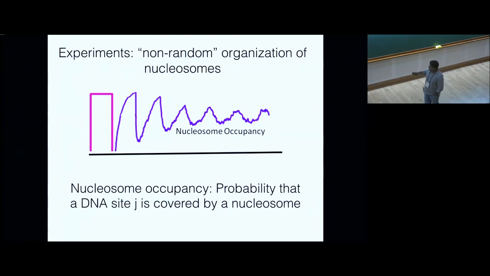There are methods to measure this, and in steady state one sees this pattern if you look at gene regions, those regions in the chromatin which code for proteins, the genes. If you look at the nucleosome occupancy there, they have a pattern which is like this.